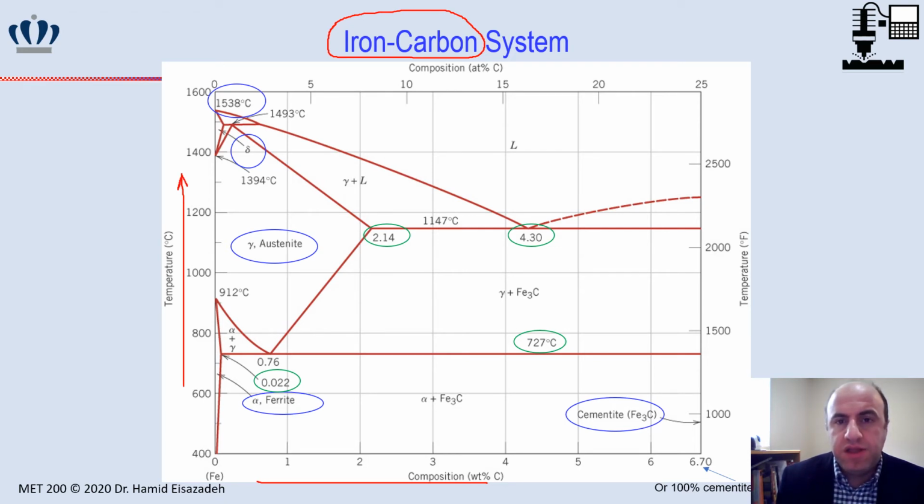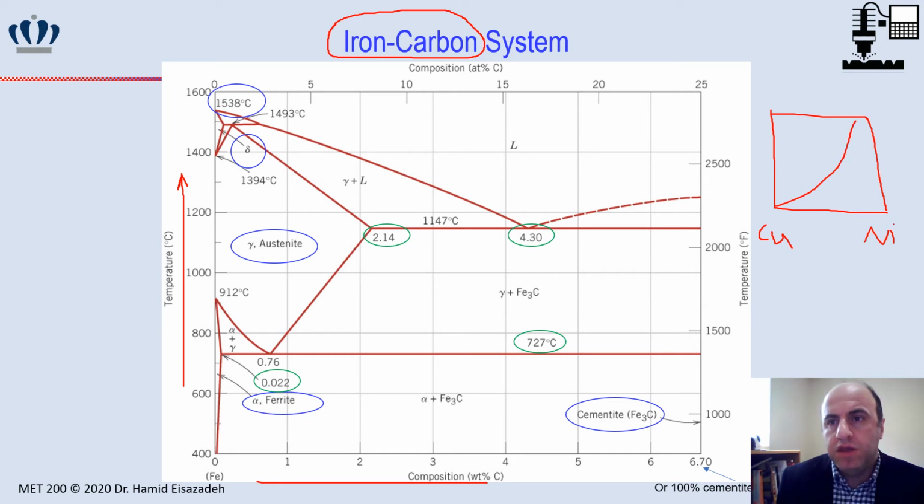And one thing that you can notice is that this is much more complicated compared with the binary system of copper and nickel. In copper and nickel, we had only 3 regions, but here we have many more.